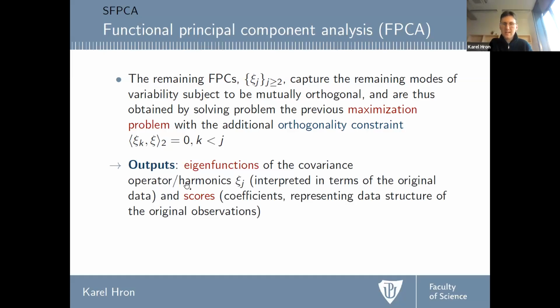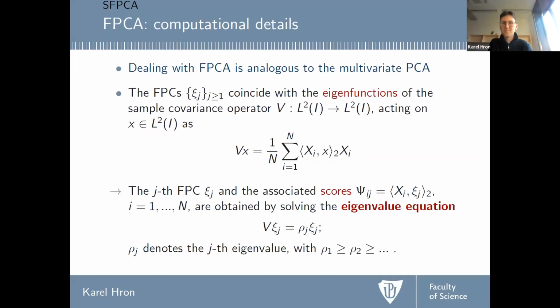Okay, so we have these harmonics or eigenfunctions, as we also call them. They are interpreted in terms of the original data, but also scores, which are coefficients of this linear combination of harmonics. And coefficients represent the data structure of the original observations. And eigenfunctions, as I mentioned previously, are the main modes of variability.